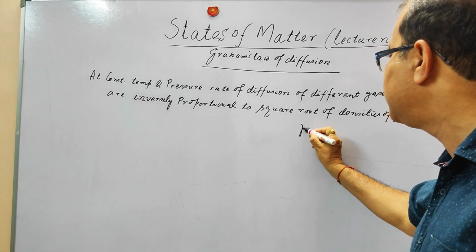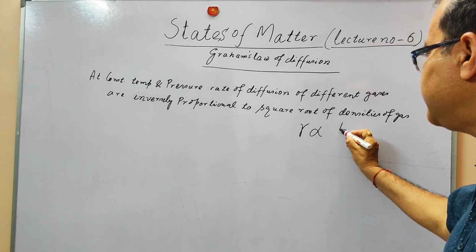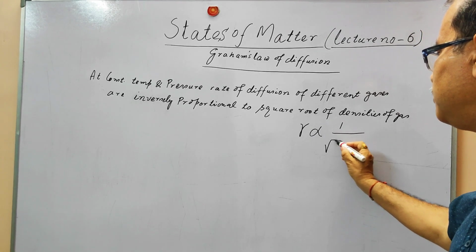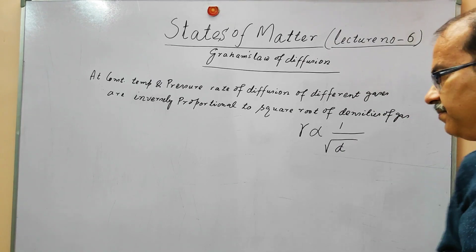Suppose the rate of diffusion is R, then we can correlate it with the density in this way. This is Graham's law of diffusion.